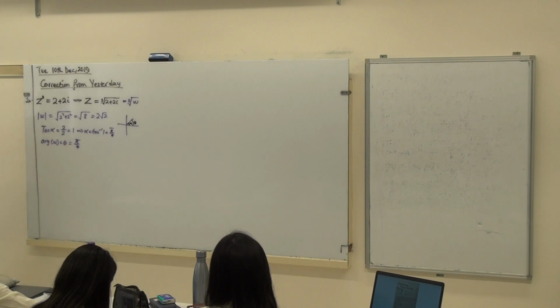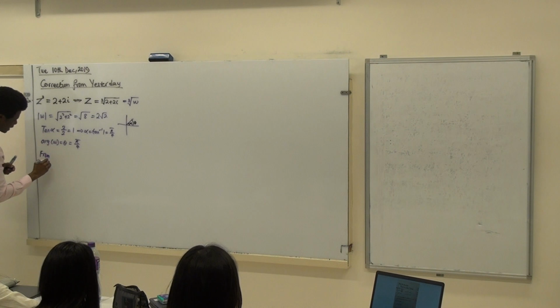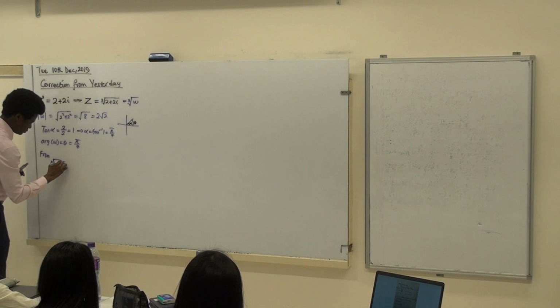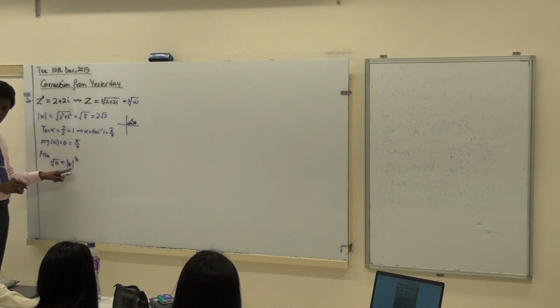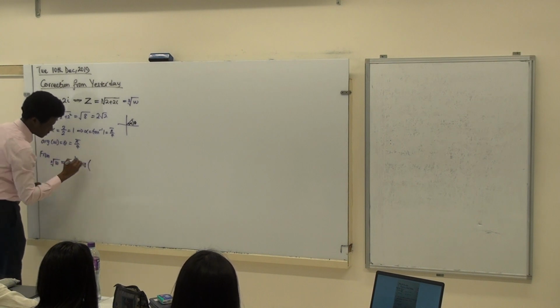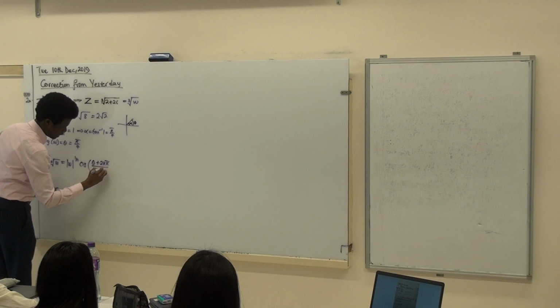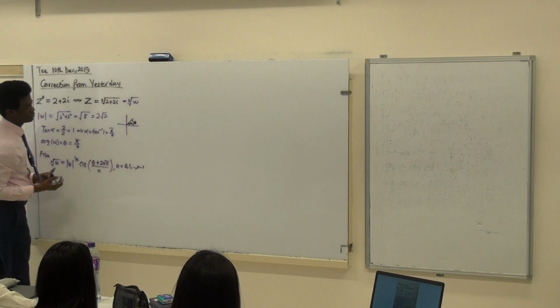So having said that, what is the root of complex number w? From yesterday, we said the nth roots of any complex number is the absolute value to the power 1 over n, because this is going to be a real number, so it can be evaluated on its own, followed by cis of the argument plus 2k pi, divided by n, and k is from 0 up to n minus 1.